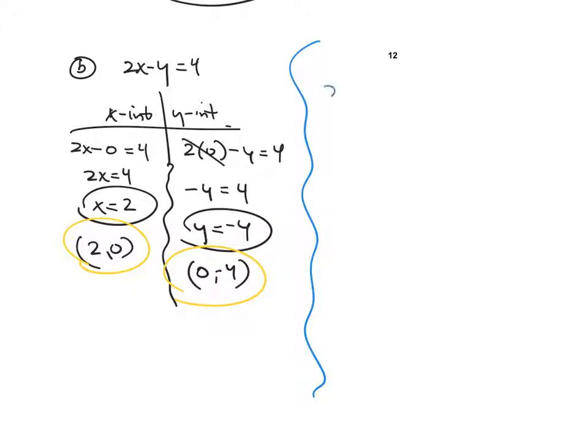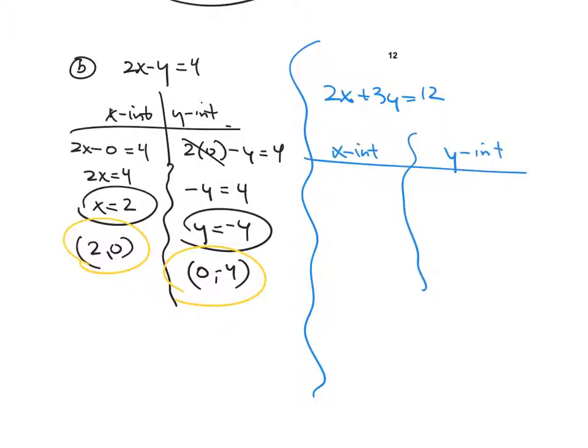Part C would be 2x plus 3y equal 12. So x-intercept would be 2x plus 3 times 0 equal 12. The y-intercept would be 2 times 0 plus 3y equal 12. So this goes to 0, so 2x is equal to 12.